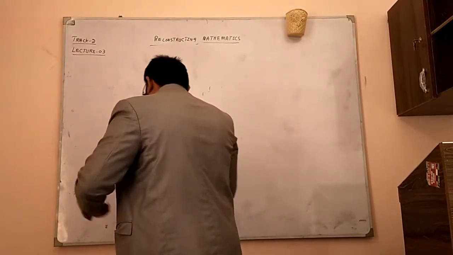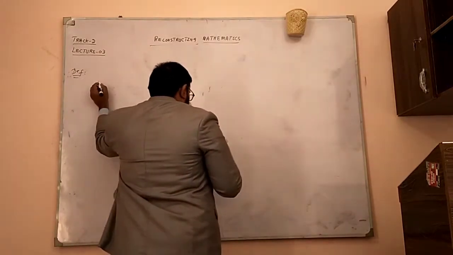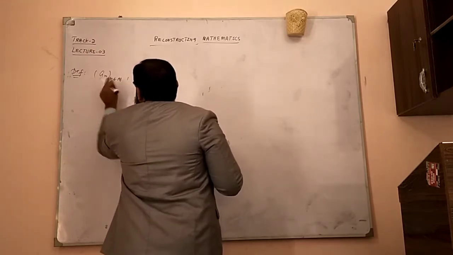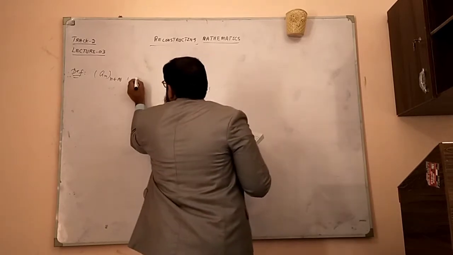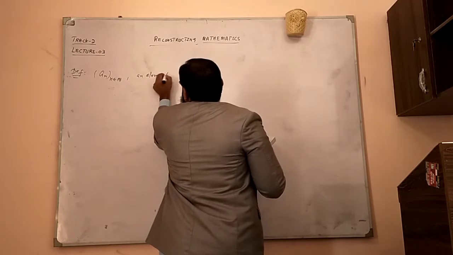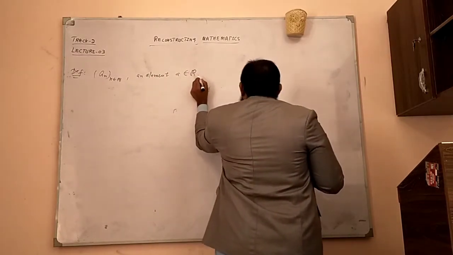So let me write a definition. So we know very well we have a sequence of real numbers and an element, and that element is some sort of number, let's say. It belongs to the set of extended real line.